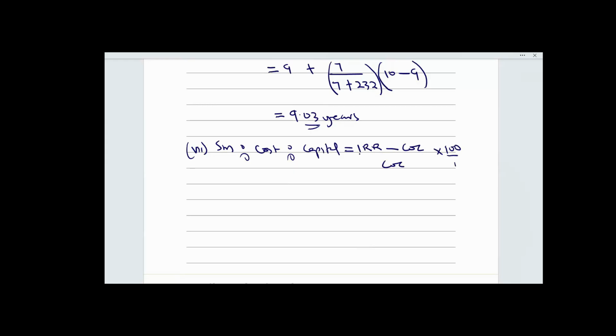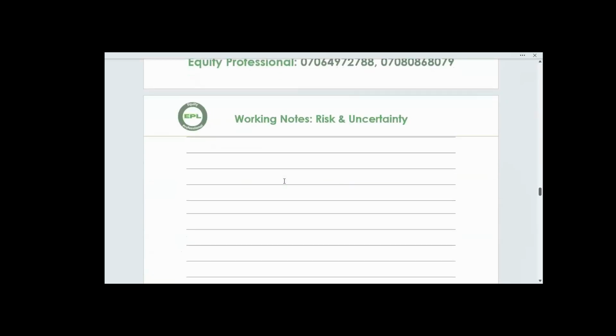So from this formula, since we have internal rate of return, it means we need to calculate internal rate of return. You know that to calculate internal rate of return, you are expected to assume 2 discount rates that will produce 2 opposing NPVs, a positive and a negative NPV.